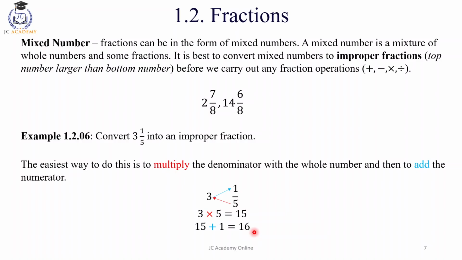Our answer is 16/5. We leave the denominator as it is: 5 times 3 plus 1 over the denominator, which is 5. So 16/5 is now an improper fraction because the top is larger than the bottom.